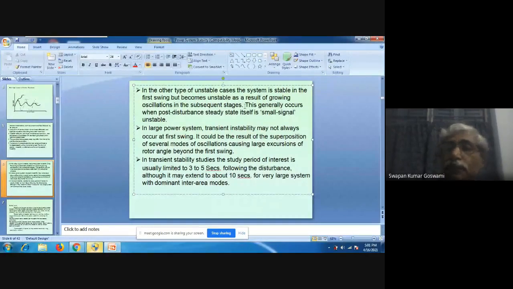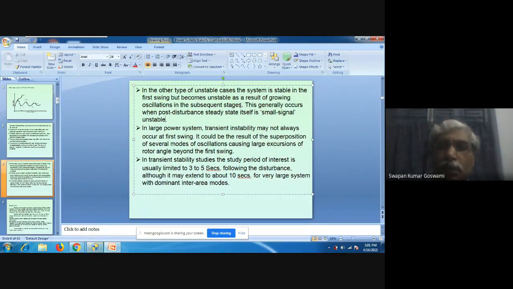That means the post disturbance steady state means the system would have reached a steady state where a small change in demand would have caused the system to become unstable in the sense of dynamic stability. Okay, that means when the system becomes unstable because of small disturbances, we call this the dynamic stability problem.